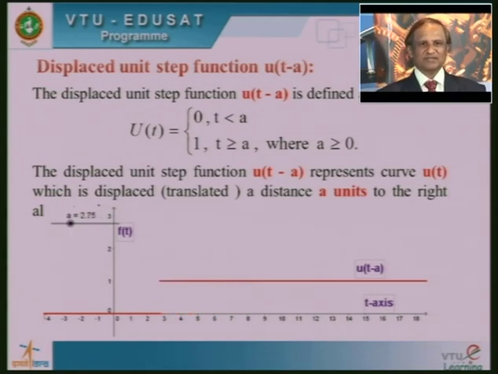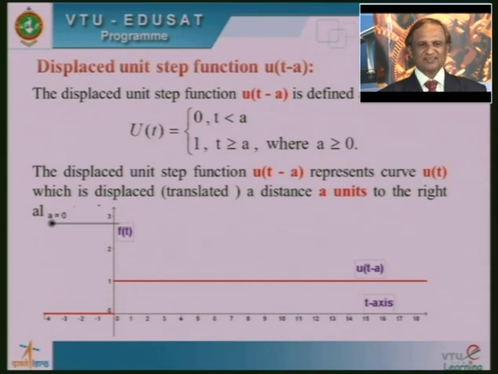The displaced unit step function u of t minus a represents the curve u of t displaced, translated, or sometimes shifted, a distance of a units to the right along the t axis.